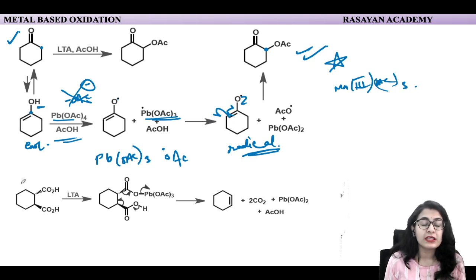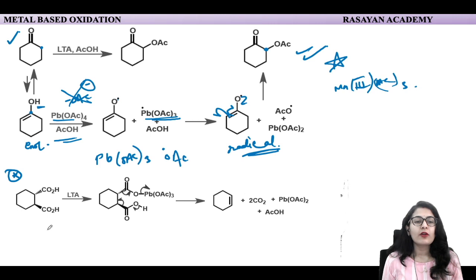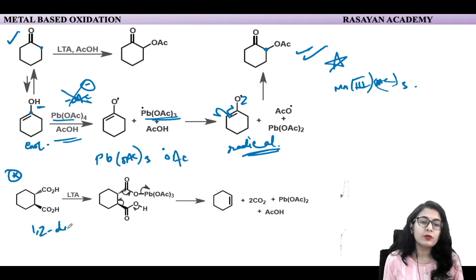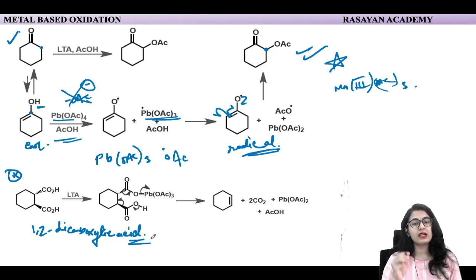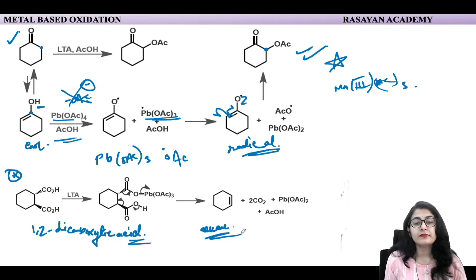Moving onwards, look at this example, another important example. What do we have? We have 1,2-dicarboxylic acid, isn't it? What does it do in the presence of LTA? It is undergoing decarboxylation to give you an alkene. See, if the 1,2-diols are present, they are going to break and give you aldehyde.